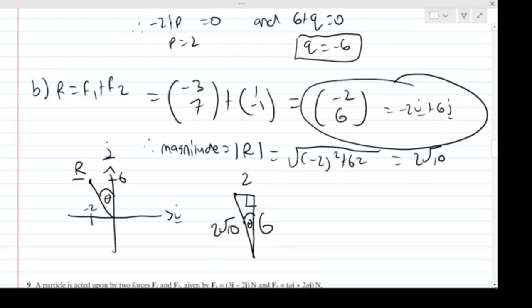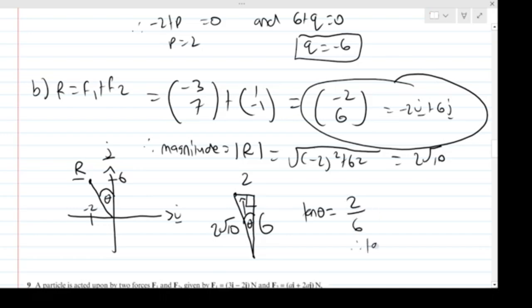So there we are. So then to find theta in this right angle triangle, we can use SOH CAH TOA. I'm going to use tan. So tan theta, well, the opposite, it's facing the side 2. So it's going to be 2 over 6, which is a third.